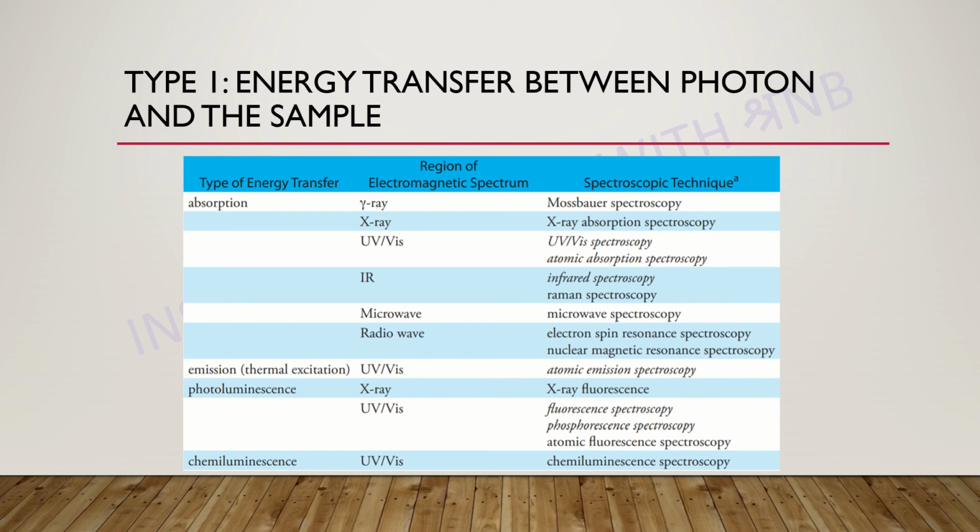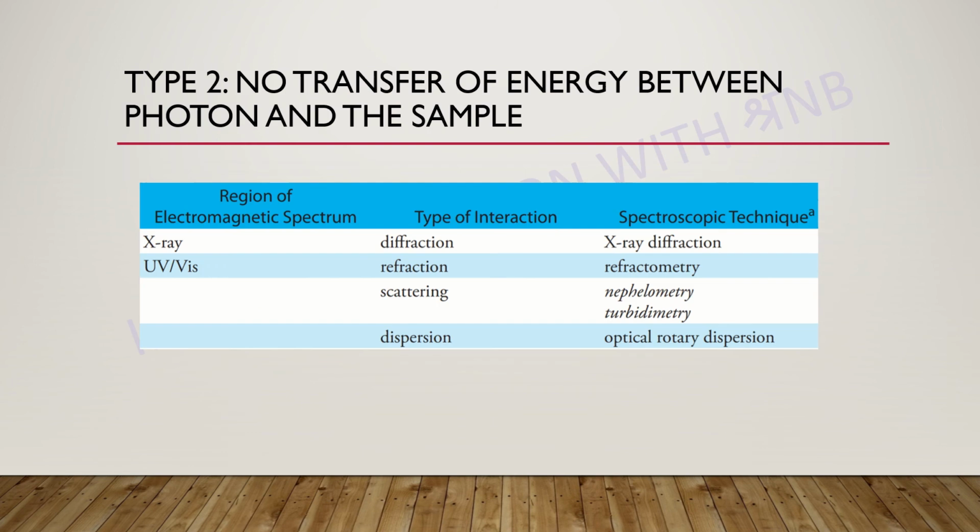In emission, atomic emission spectroscopy is there. In photoluminescence, energy transfer is observed in X-ray fluorescence, fluorescence spectroscopy, phosphorescence spectroscopy, and atomic fluorescence spectroscopy. Chemiluminescence energy transfer can be observed in chemiluminescence spectroscopy.